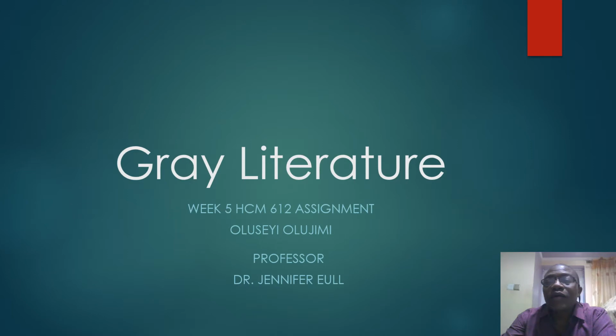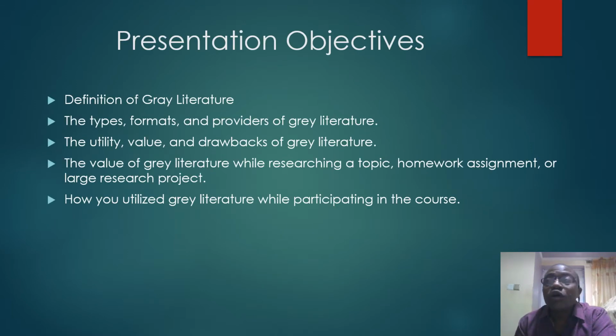First, we are going to be looking at the objectives of this presentation. There are five in number. Number one, we are going to be looking at the definition of what grey literature is. Next, we look at the types, formats, and providers of grey literature. Secondly, we're going to look at the utility, the value, and drawbacks that we can come across in grey literature.